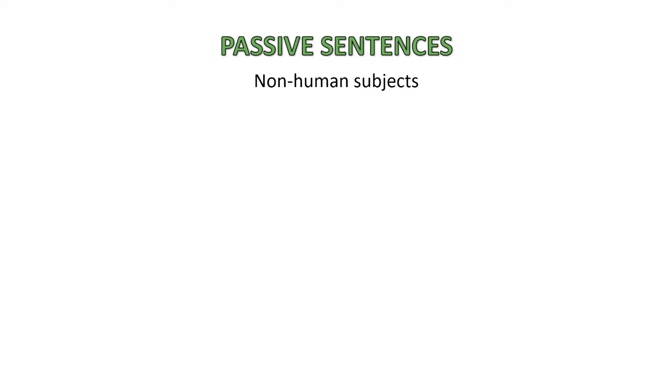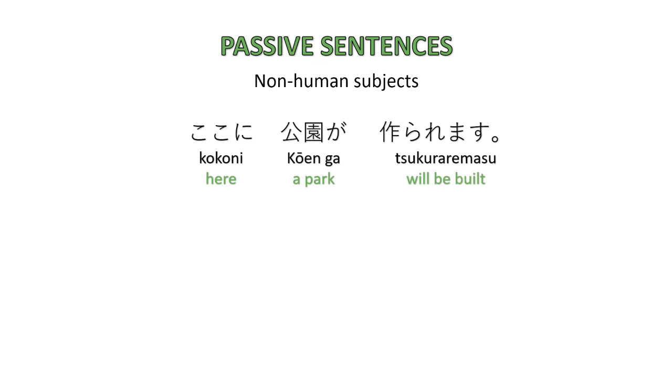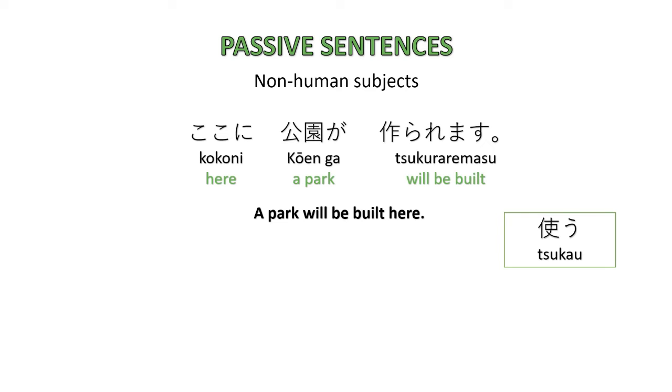In these sentences, we have the non-human subject. So here, ここに公園が, this is the non-human subject, 公園。公園が作られます。A park will be built here.